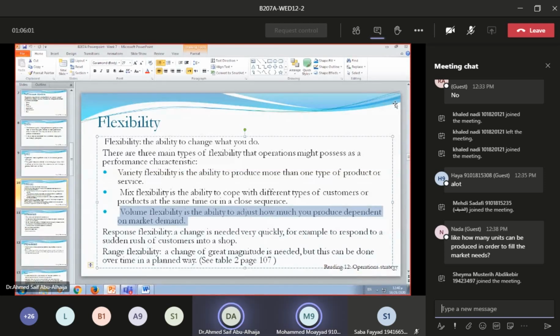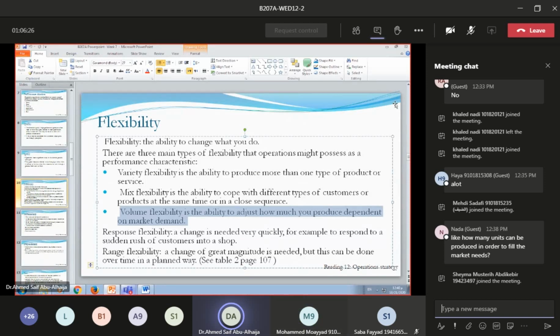Right, I cannot say a specific number. It depends on the customers. If you have demand for 100 pieces, you will produce them. But suppose all of a sudden many customers came to your restaurant and there was a need for 1,000 pieces. Can you do it?